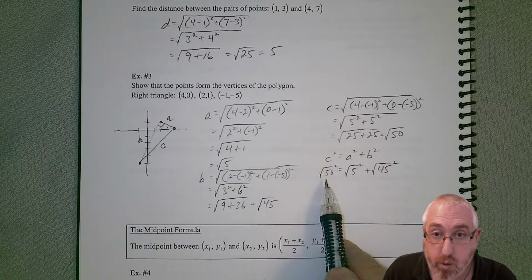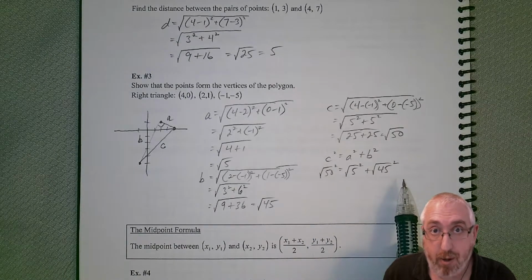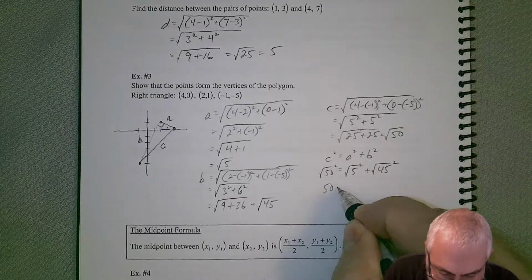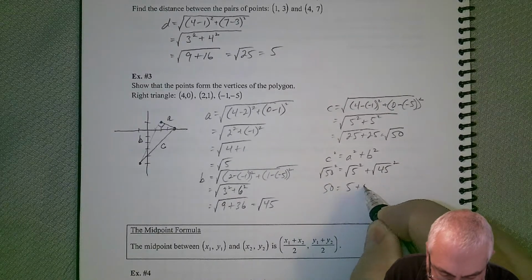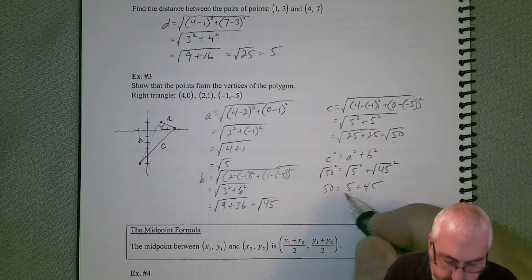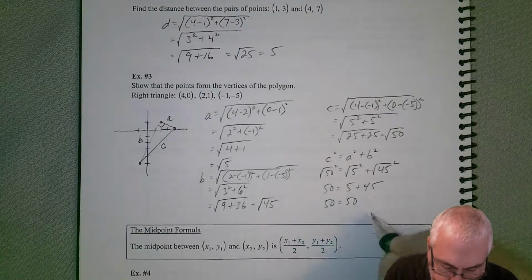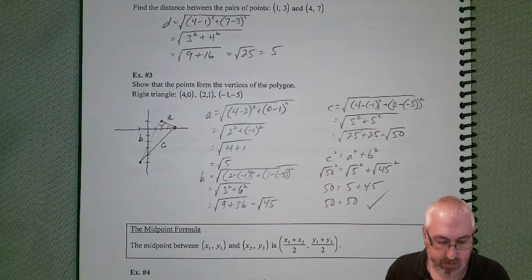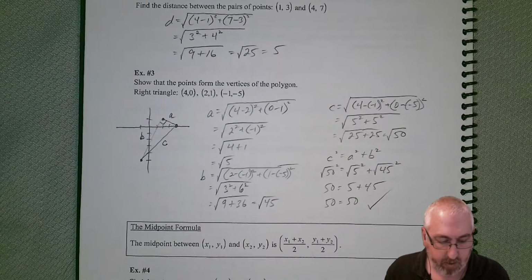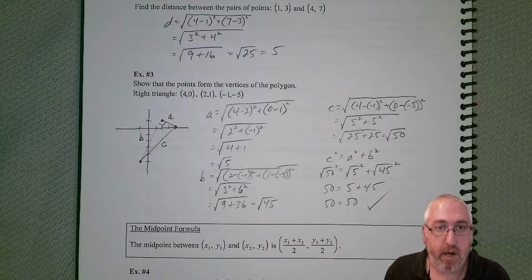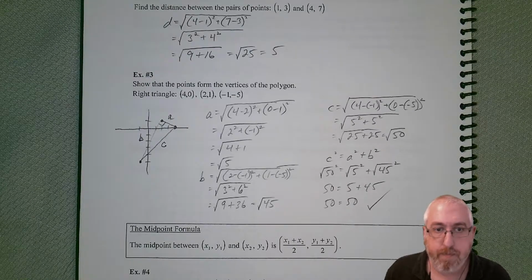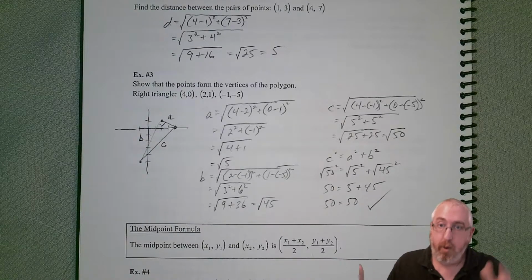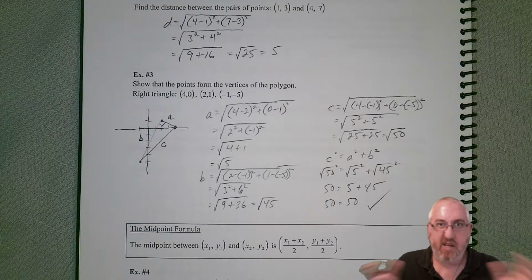Now when we plug them in, we're squaring all those numbers, all those radicals. So what happens? Of course, they cancel. So we got that which we know is true. So the answer is yes. It does satisfy that it determines a right triangle. So we're good.